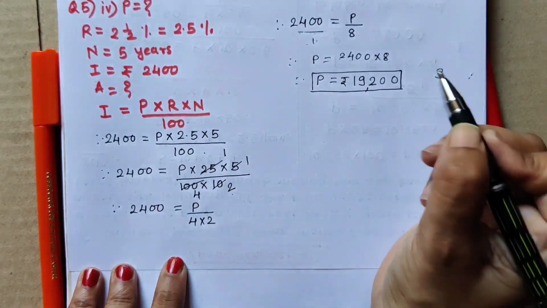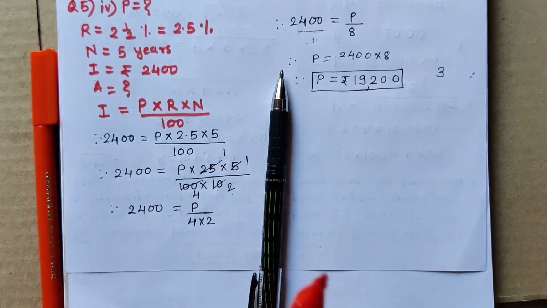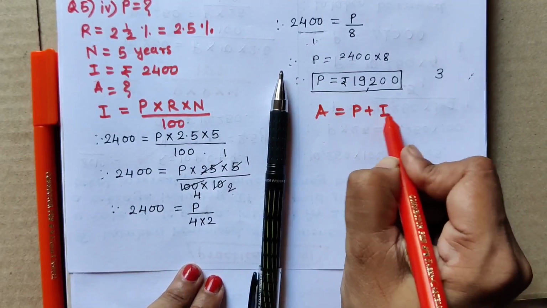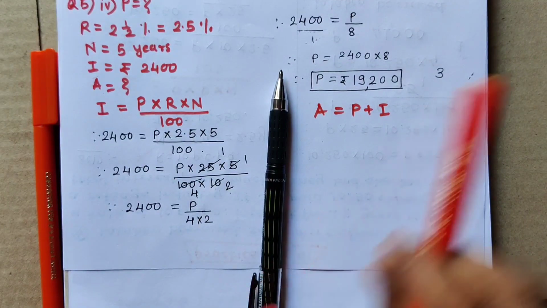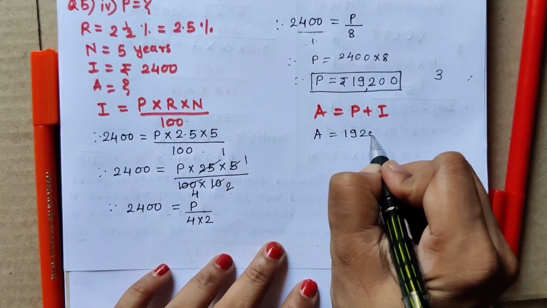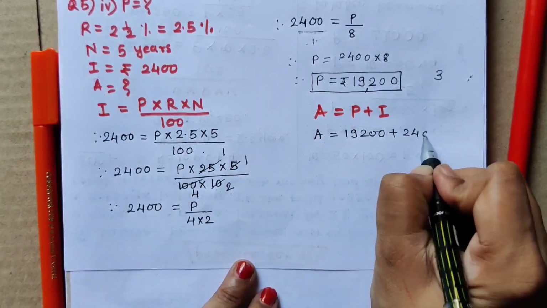As P is 19,200 rupees, we can find out the amount also. Now for that we have to apply the amount formula. A is equal to P plus I. So A is equal to, P is 19,200 plus interest is given to us 2,400 rupees.